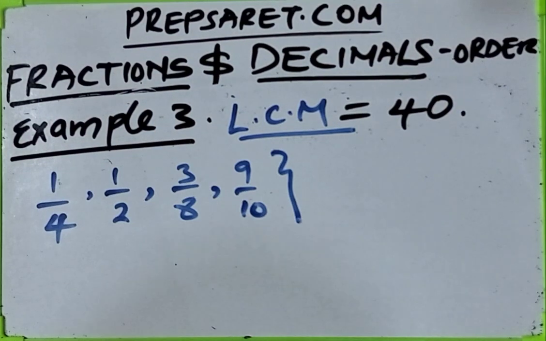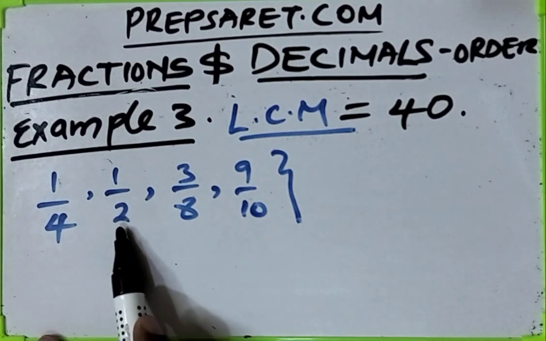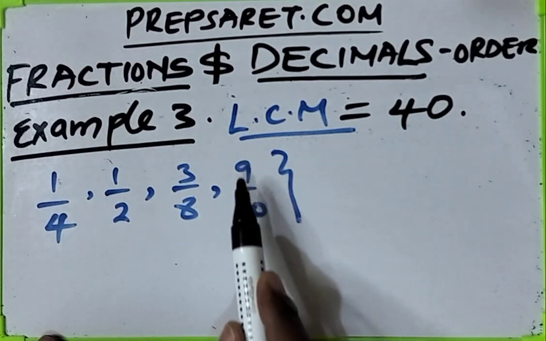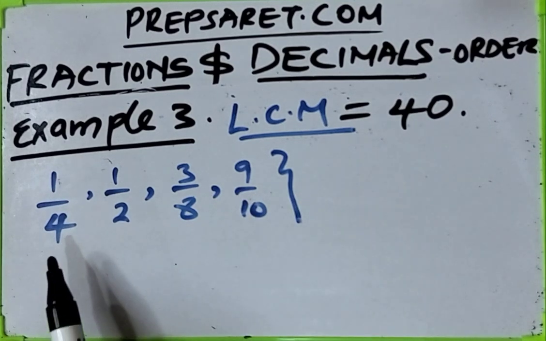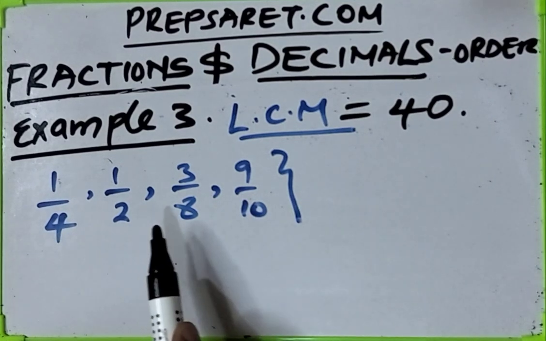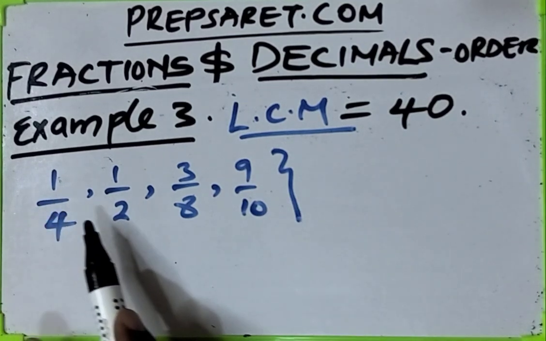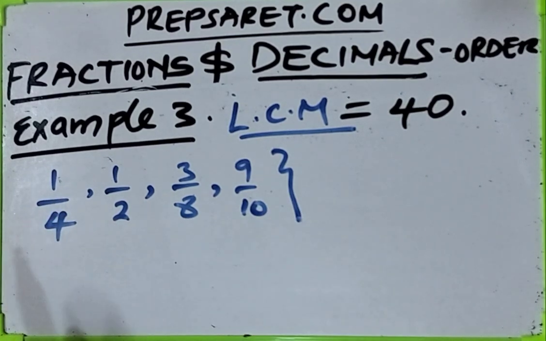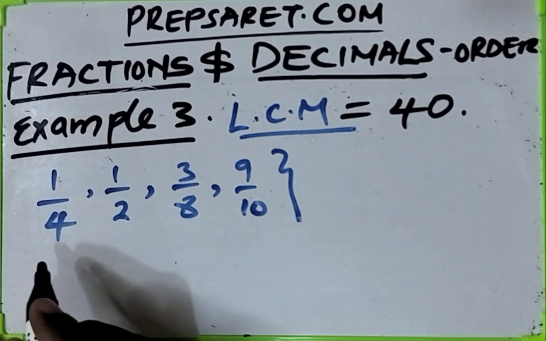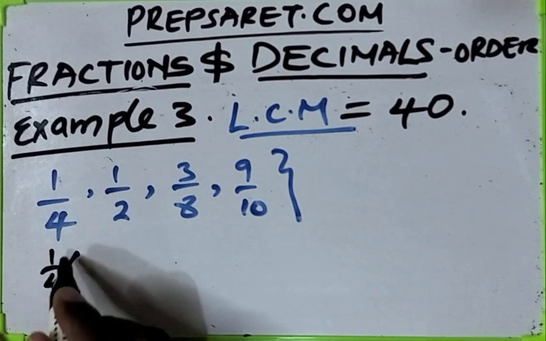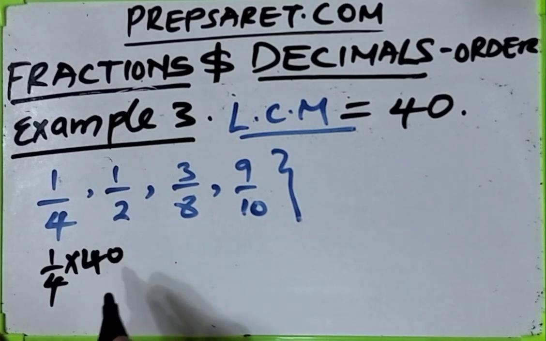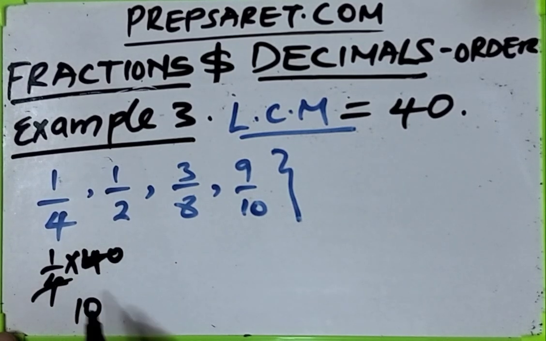Our fractions: 1 over 4, 1 over 2, 3 over 8, 9 over 10. The LCM for 4, 2, 8, and 10 is 40. So we multiply each of them, one at a time, by 40. We start with 1 over 4 times 40. 40 divided by 4 is 10.